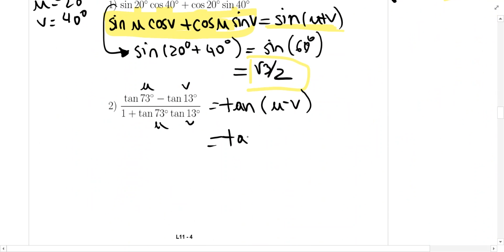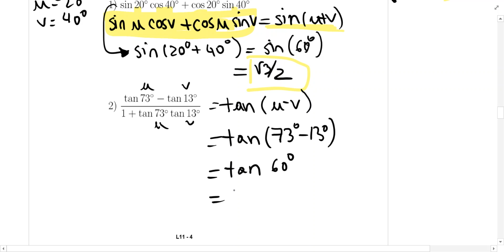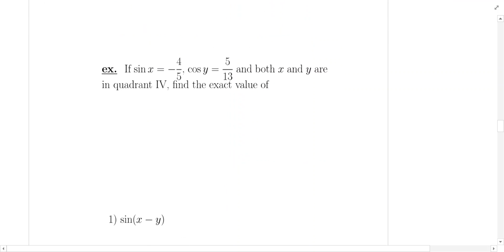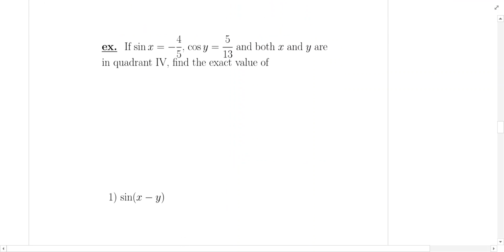But my u is 73 and my v is 13. So this equals tangent of 60 degrees. And tangent of 60 degrees is square root of 3. It's sine of 60 over cosine of 60. If you don't remember how to get it, look at the unit circle and that's how you're going to get it. All right.